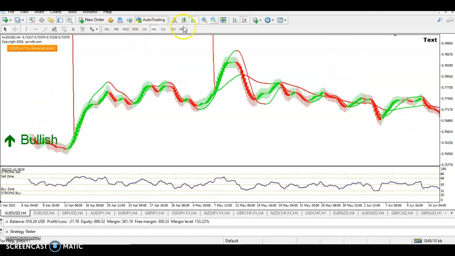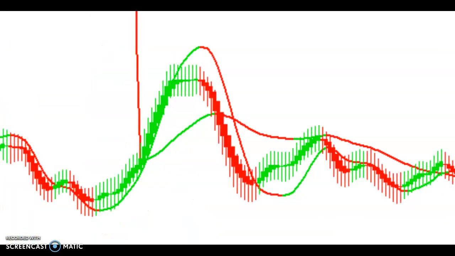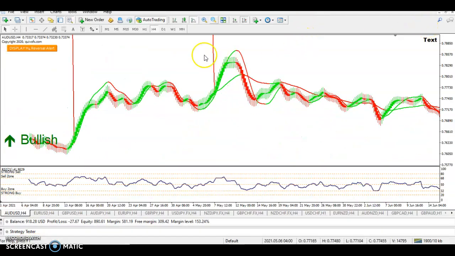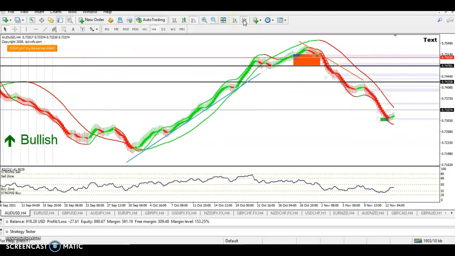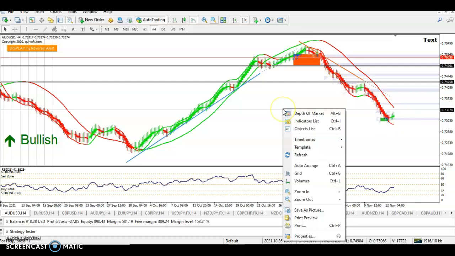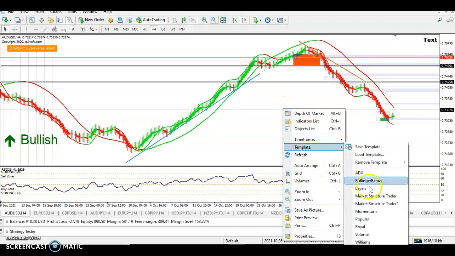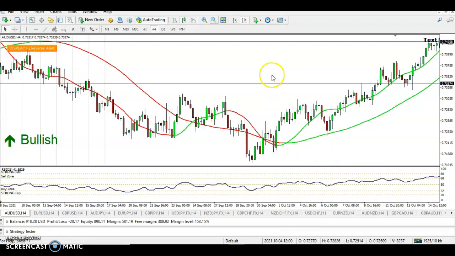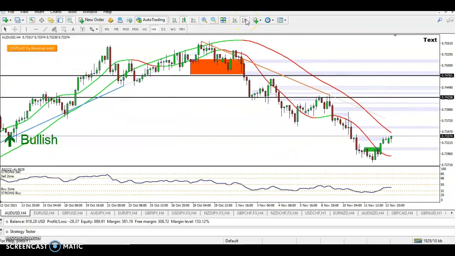Okay, right now 4 hours says we're bullish. So bullish on the 4 hour. If we're bullish on the 4 hours, then we could be having a short-term pullback because COT report says we're bearish.